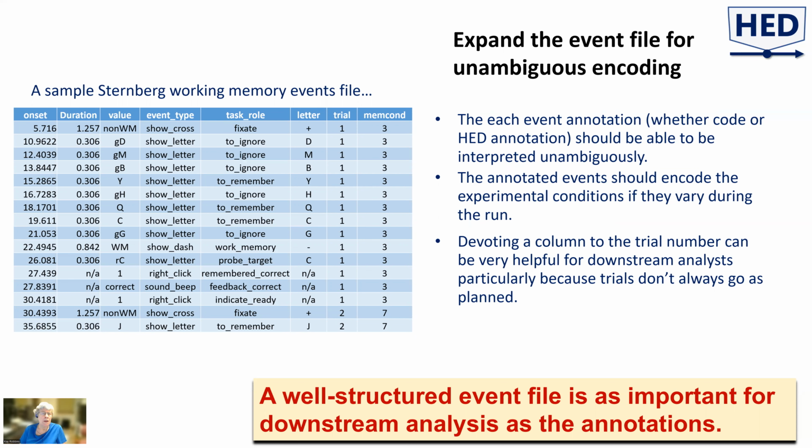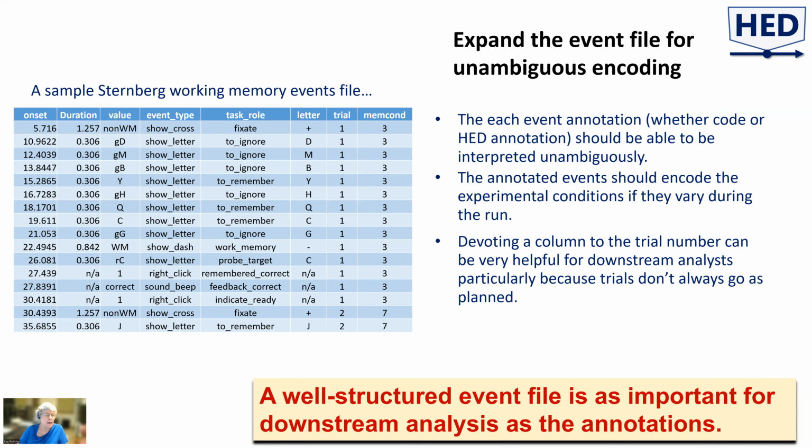This is important because we need every identifying annotation for an event to stand alone. In particular, the one representing the right click might mean I saw the letters to be remembered, or it might mean, okay, I'm ready now that I'm done with the feedback. And so we've replaced these values with a combination of event type and task role.